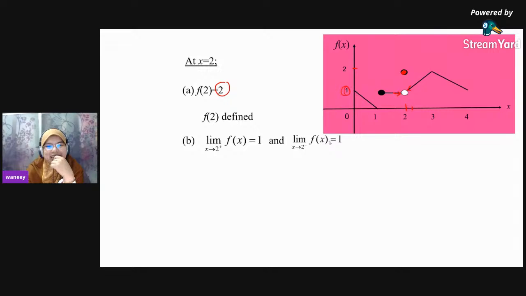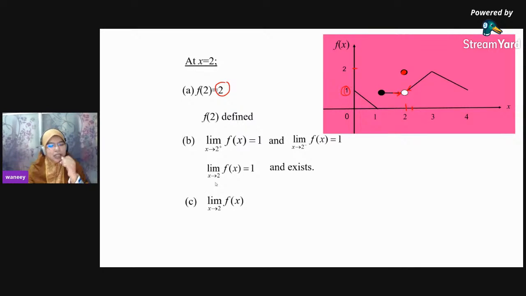Therefore, I can say that the limit for x approaching 2 for f(x) must equal 1 and it exists. Existence of limit. So I do get some limit because the value over here is 1. Now, we need to check the third condition, where it's supposed to be a conclusion from the first and second condition. We need to check, are we having the same value or not?